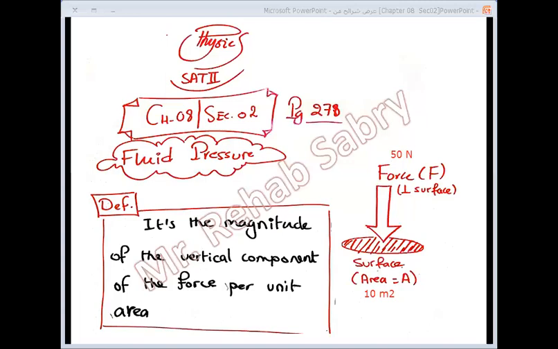Now we want to find the pressure. The pressure is the force per unit area, which means the force that's acting on area of magnitude 1 meter squared. Here we have 50 newtons force acting on 10 meters area. Abdullah Hamdi, can you hear me?